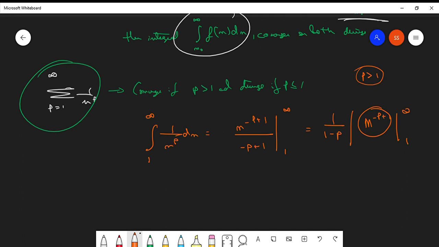If p is greater than 1, then this part tends to 0 when n tends to infinity, and the other part left is 1, so this equals 1 over p minus 1.